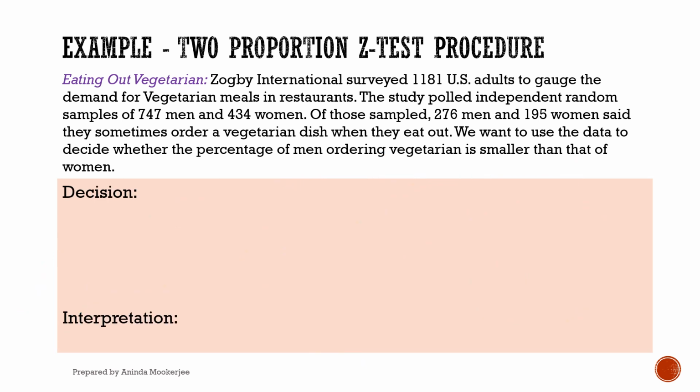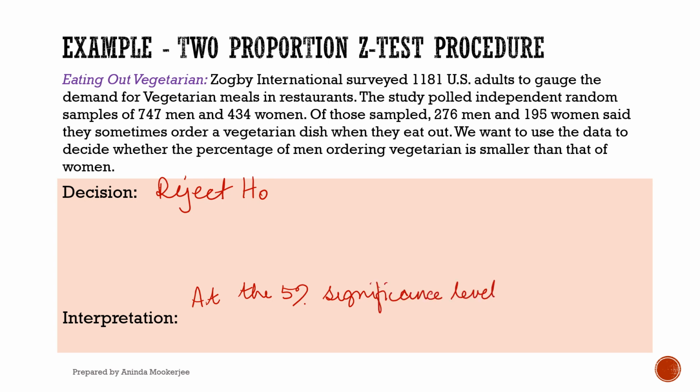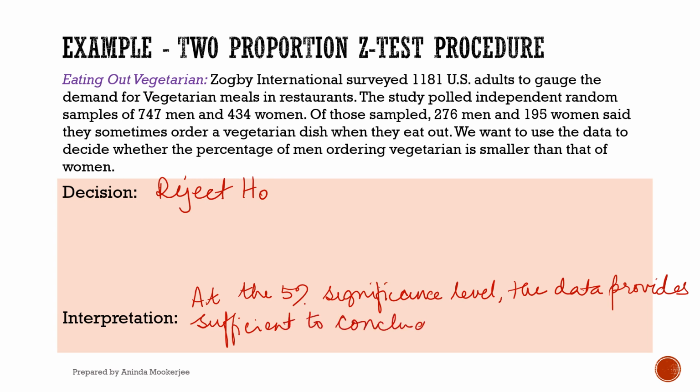So the decision was to reject the null hypothesis, and then the interpretation would be: at the 5% significance level, the data provides sufficient evidence to conclude, and then I'm going to use the same wordings as in the question. What does it say here?